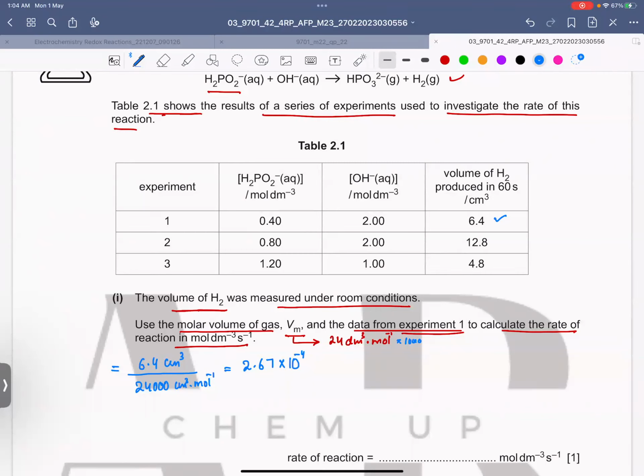Now divide it by 60, because here they told us that these number of moles are produced in 60 seconds. So divided by 60, we get 4.44 exponent minus 6.